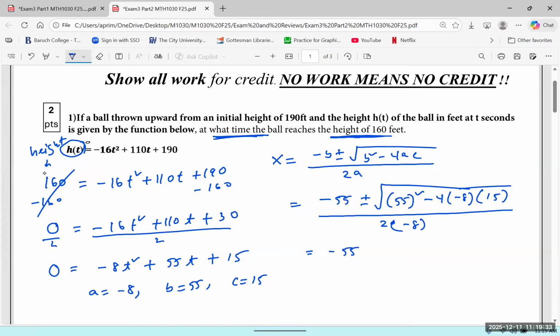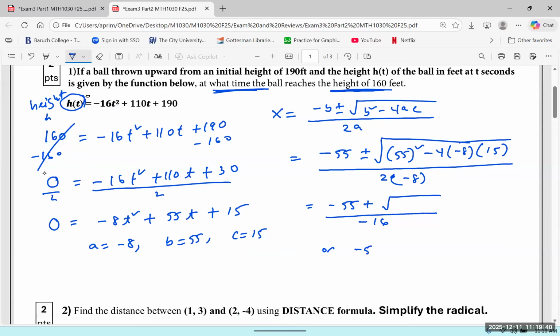So negative 55 plus this, divided by negative 16, or negative 55 minus this, divided by negative 16. So what do you get inside? 35 or 5? So when you do the addition on the top, what do you get? The denominator is negative 16, but what goes on the numerator?